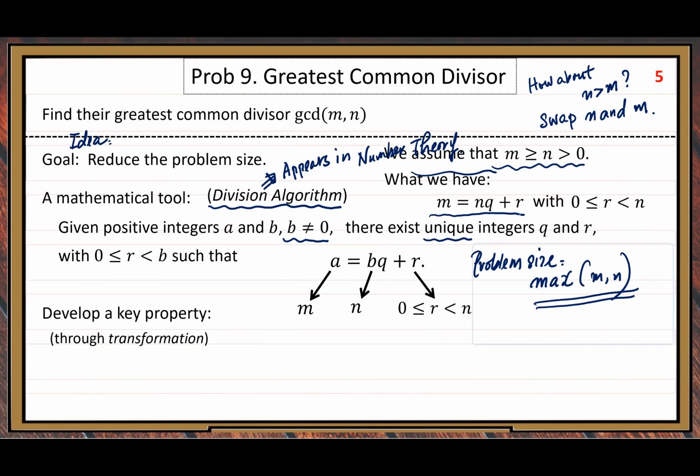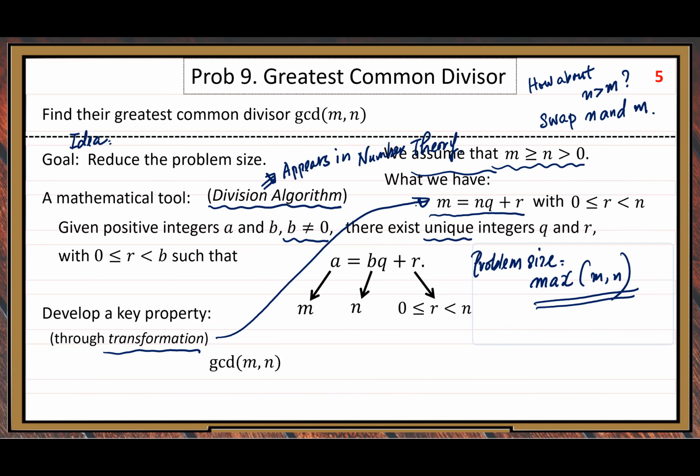All right. So the next step, in order to see how we reduce the problem size, we need to do transformation on this formula. To do transformation, we start with the GCD of m comma n.